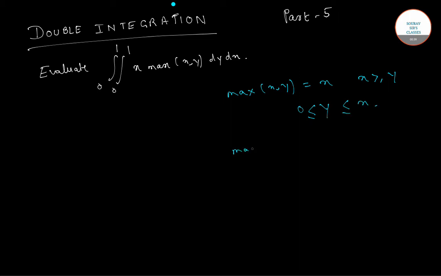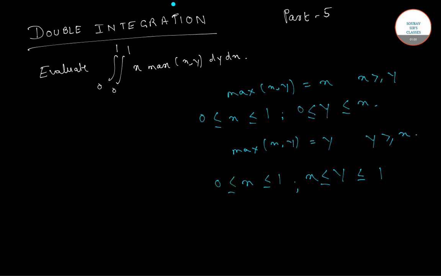And the maximum of x comma y is equal to y when y is greater than or equal to x, that is, the value of y would go from x to 1. In both the situations, the value of x would go from 0 to 1.